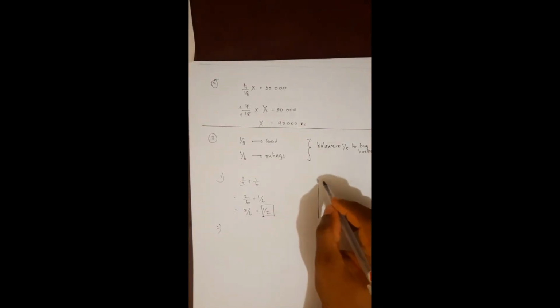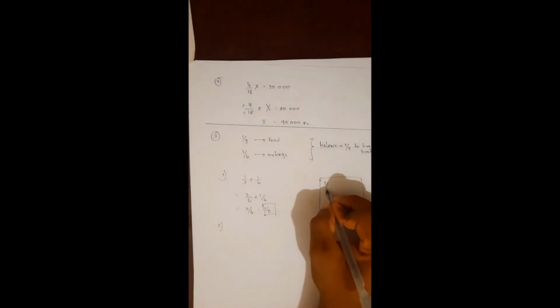So what would be the remaining? If he spends half, the other half is remaining. So we should know that. I'll mark this separately here. The remaining is half, and out of that 1/5. So that would be 1/10 of total. So the amount he spends to buy books is 1/10 of the total salary.